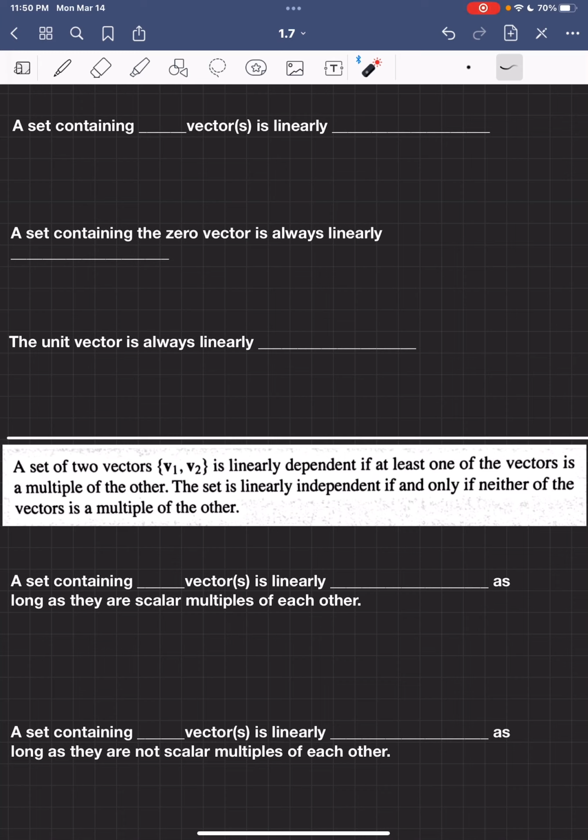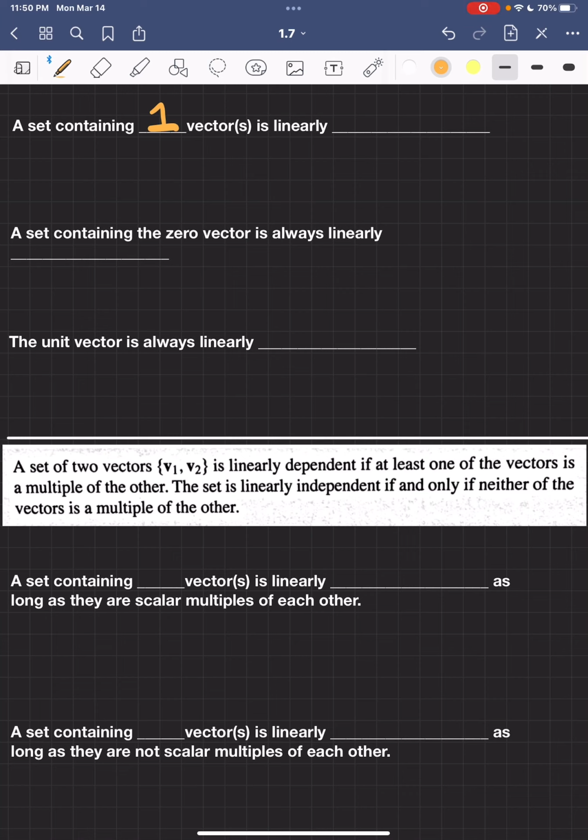So let me start. We'll start with one vector. A set containing one vector is linearly what? Well, I could just give you answers, but that doesn't quite help you.